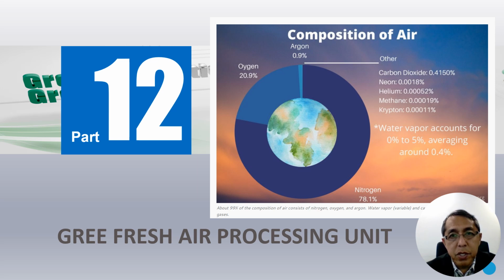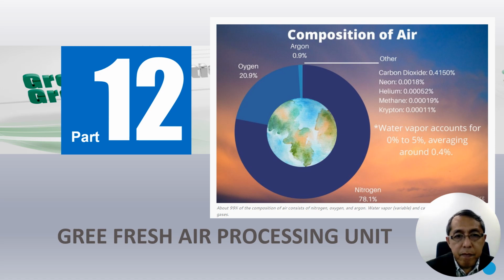We know that the composition of air is nitrogen 78.1%, oxygen 20.9%, and the rest are other gases such as argon, neon, helium, methane, krypton, no?